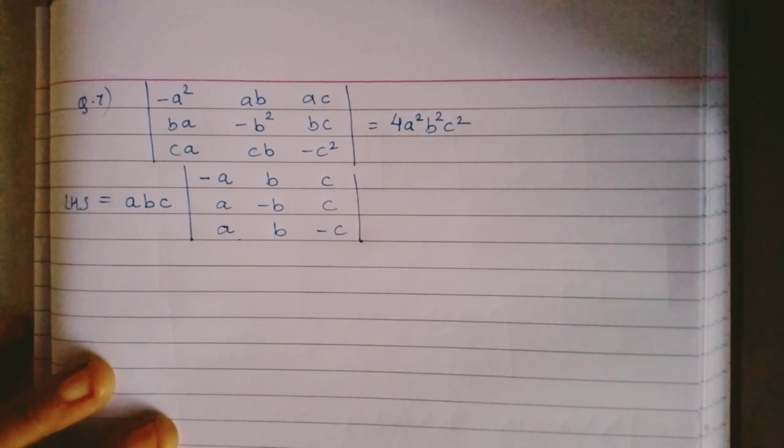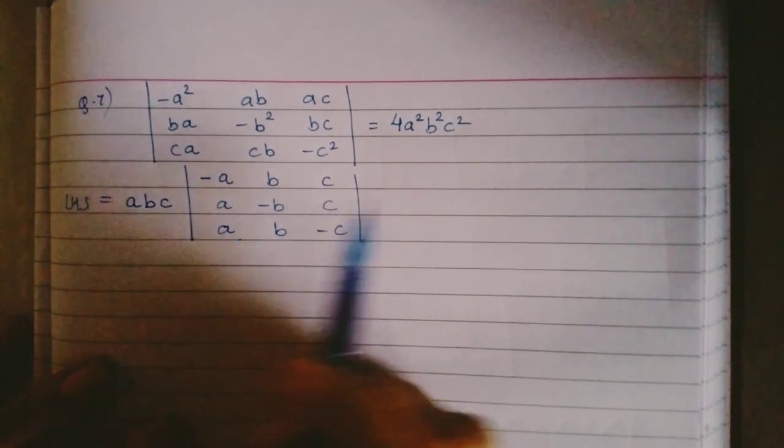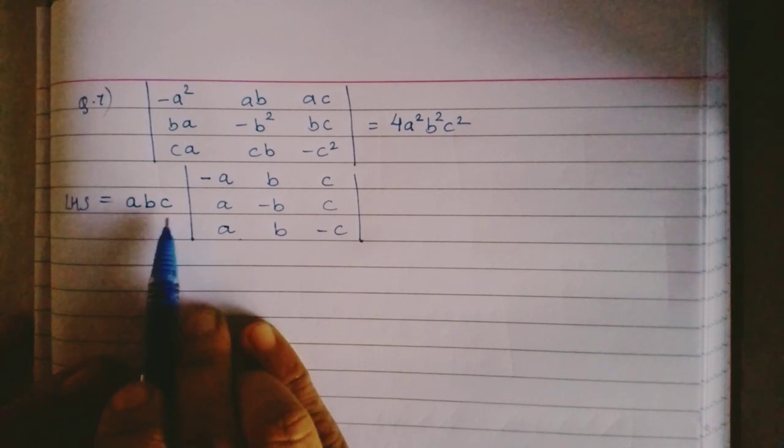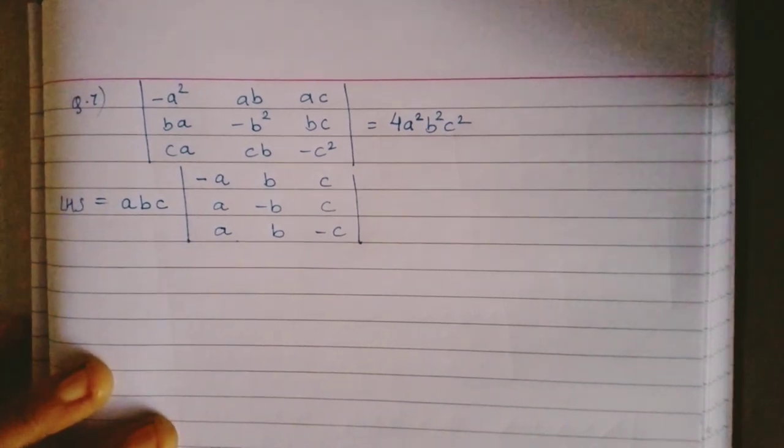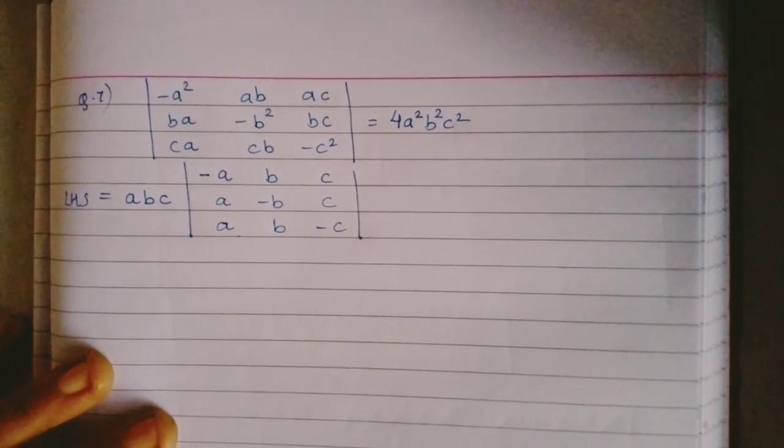Okay, now this ABC I have taken out. Now we want to find the determinant. So best way to find the determinant is, if you have 3 elements in a column or a row, you have to make 2 elements 0.